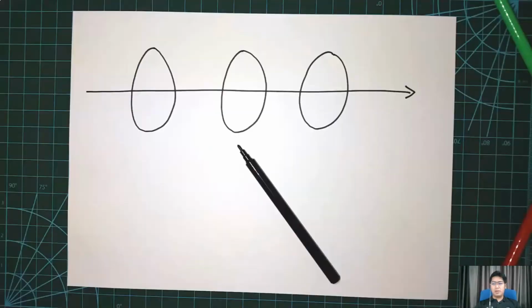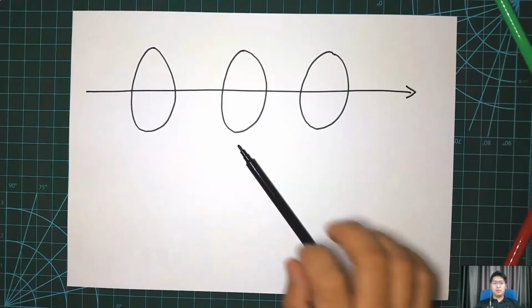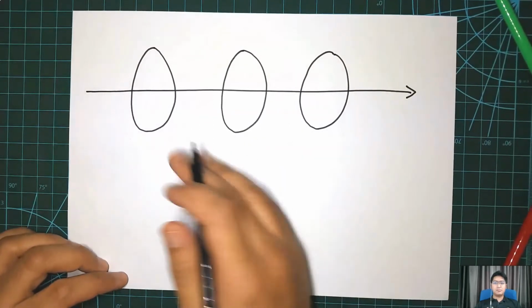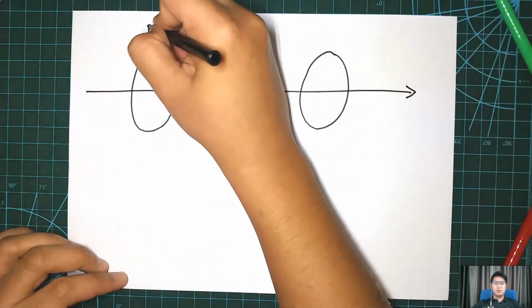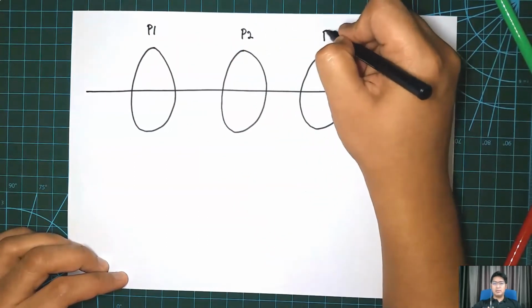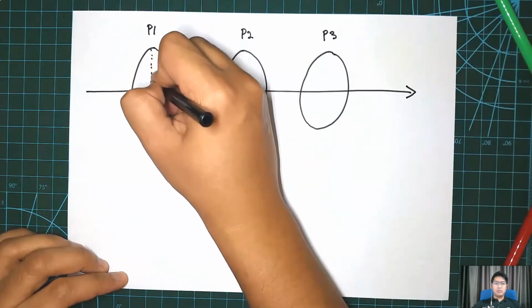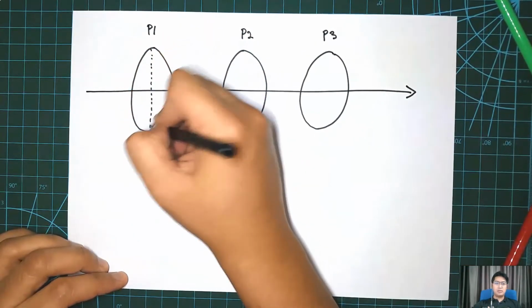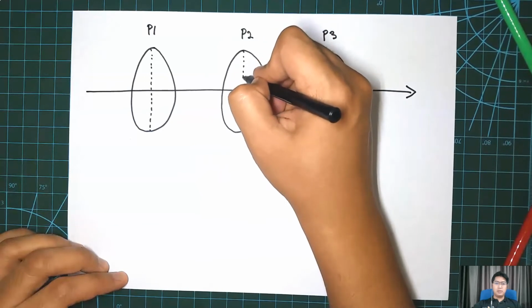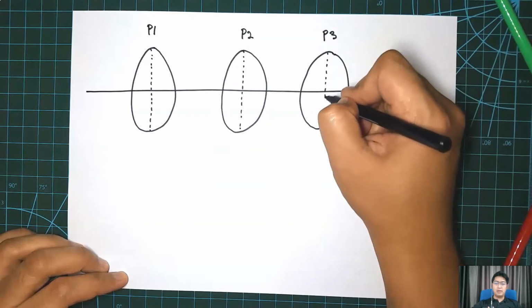So I have prepared this tutorial video for you to watch. Okay, you have three polarizers. The first polarizer, the second polarizer, and then the third polarizer, and each polarizer has the vertical axis as the main reference for the angle.